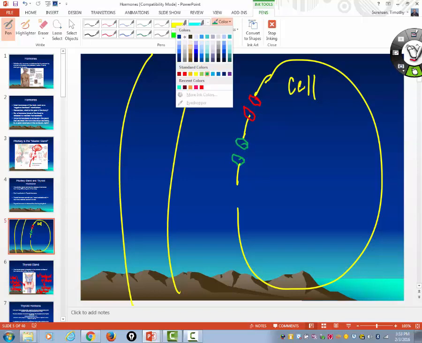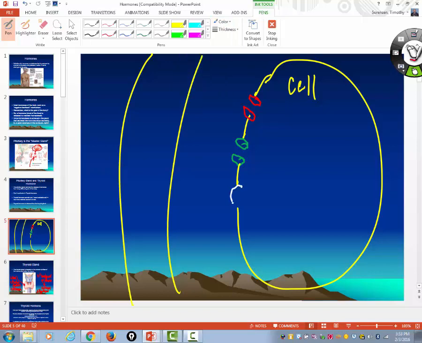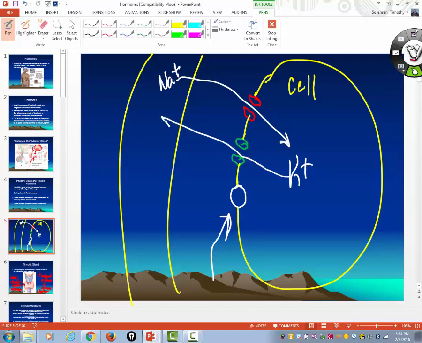And then, of course, we have our buddy, our pal, the sodium-potassium pump. And again, sodium highly concentrated in the blood, potassium highly concentrated in the cell. And sodium will leak in, potassium will leak out.